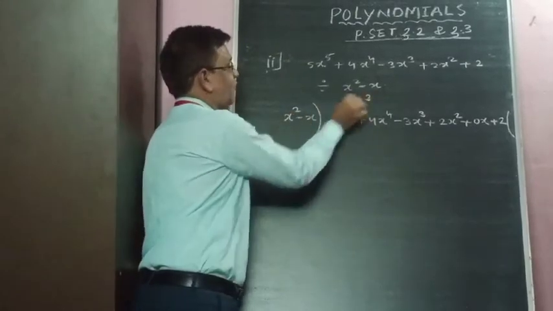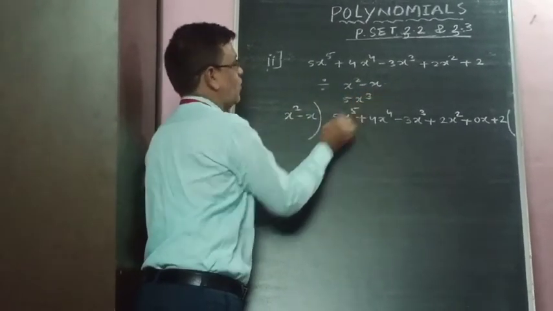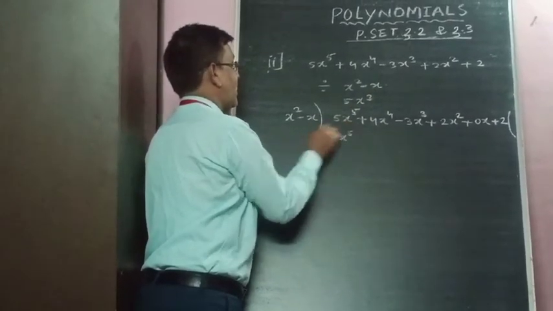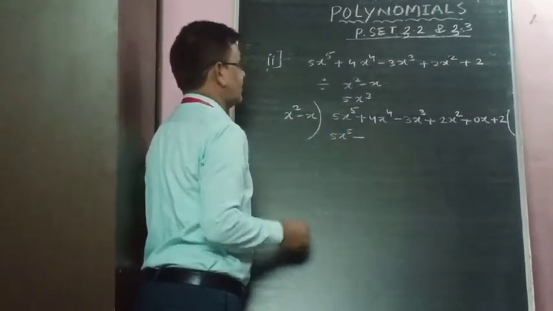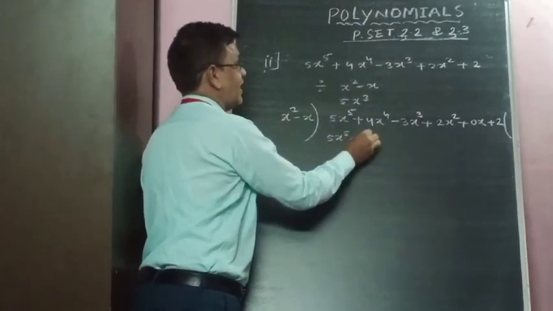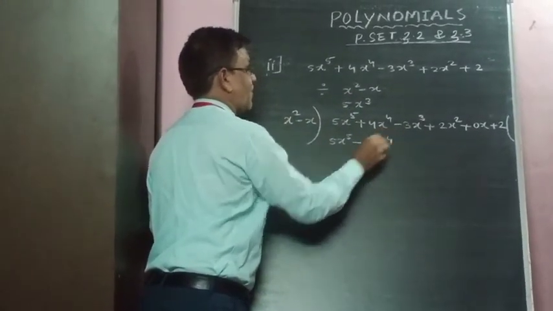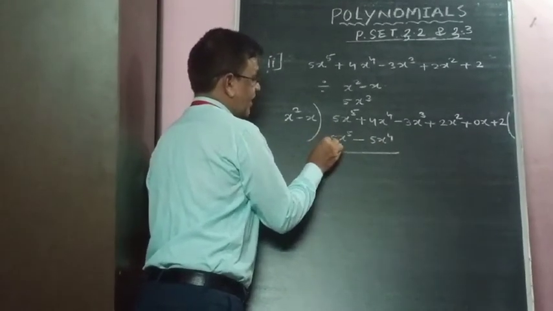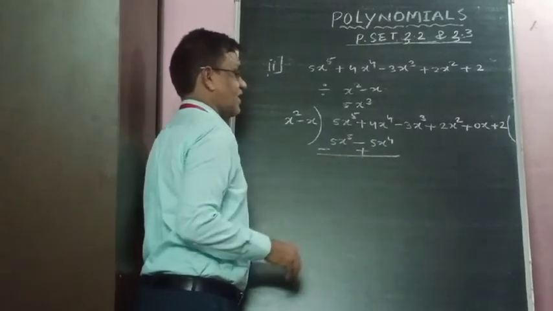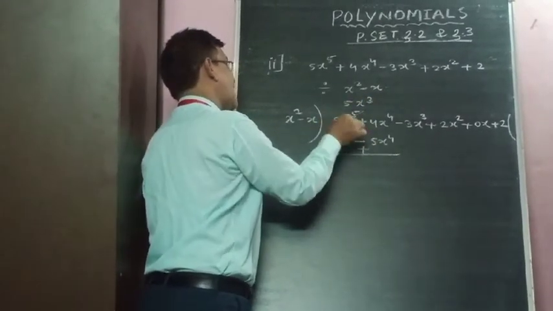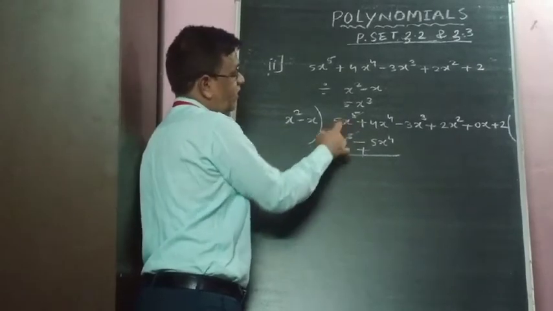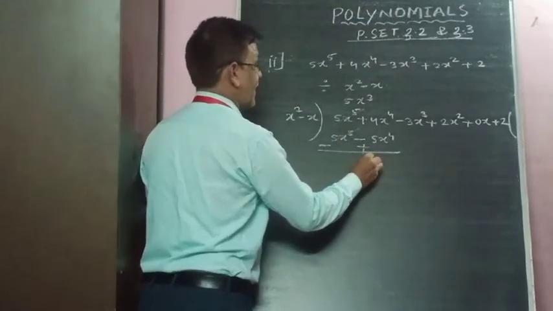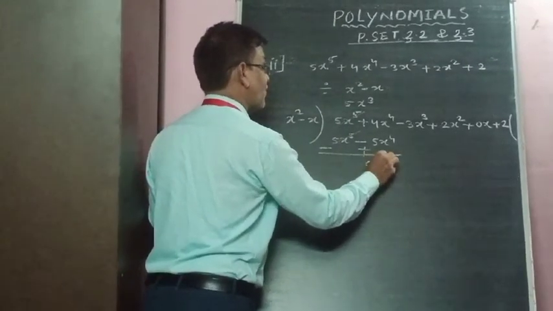When we multiply these, 5x^3 into x^2, you get 5x^5. Minus 5x^3 into x is 5x^4. Now you have to subtract, so change the signs, minus and plus. So 5x^5 and 5x^5 get cancelled because one is plus, one is minus. Here both are plus, so you add, it is 9x^4.